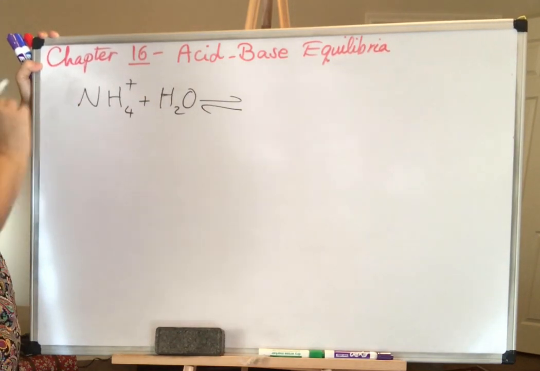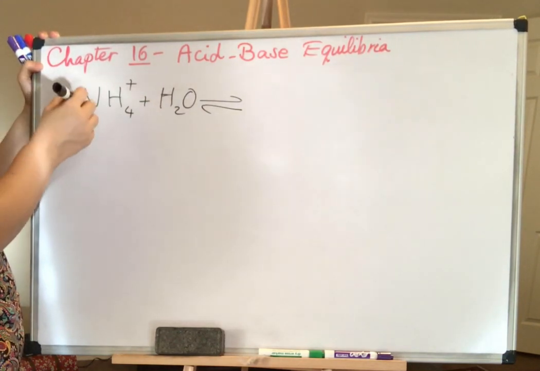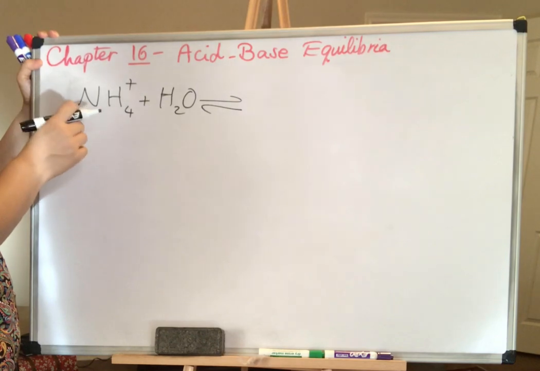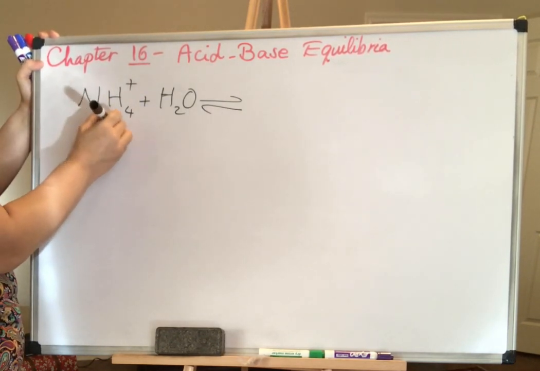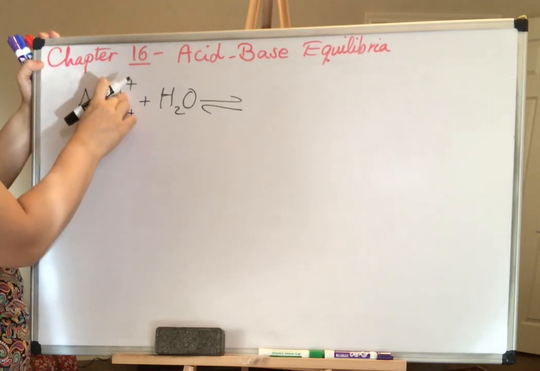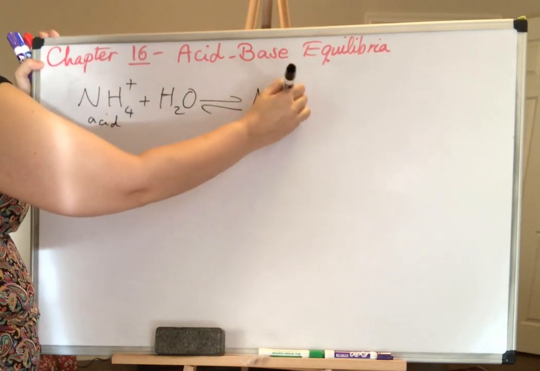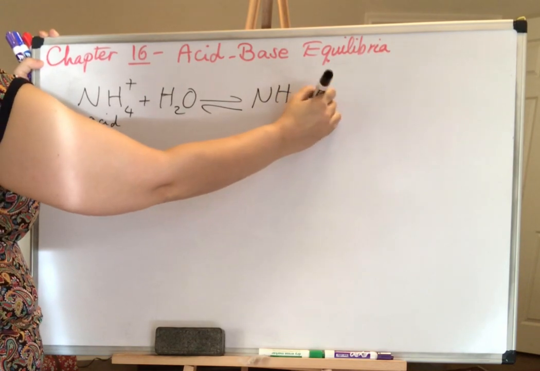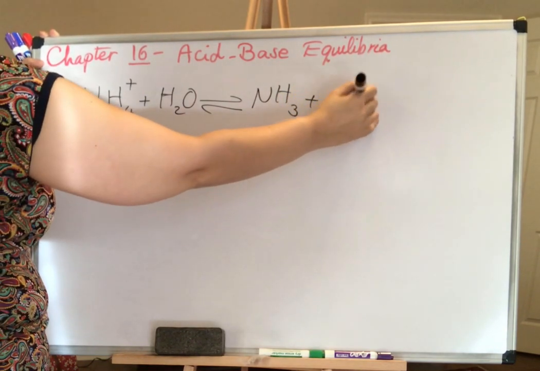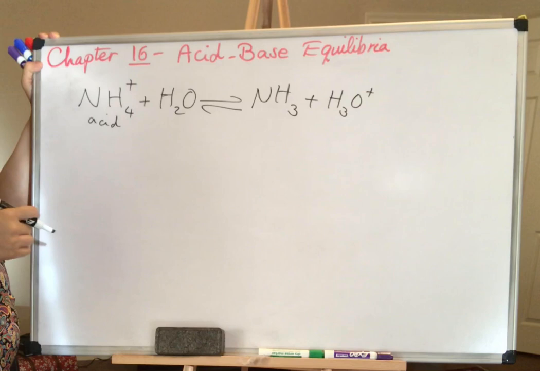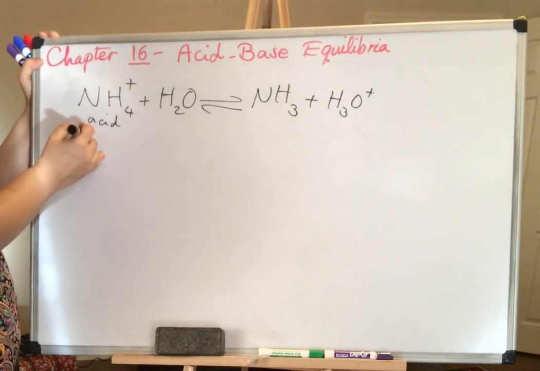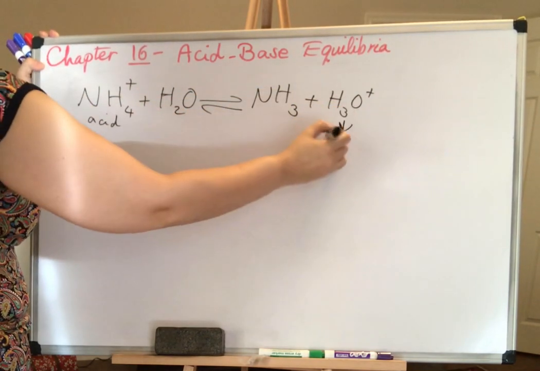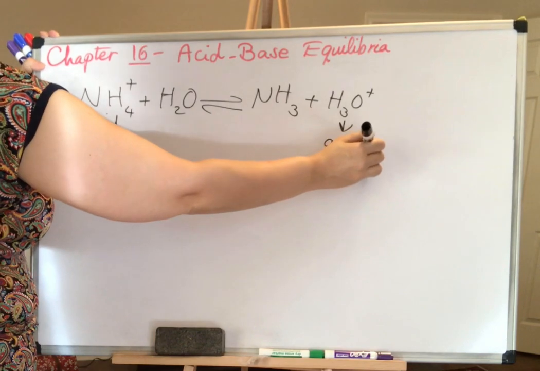So, if this is the conjugate acid of a weak base, it's going to give its proton, right? Correct? So this is an acid, so it makes the solution acidic.